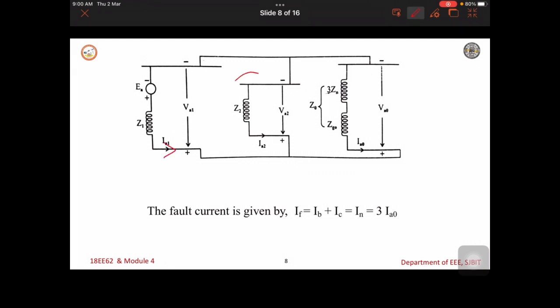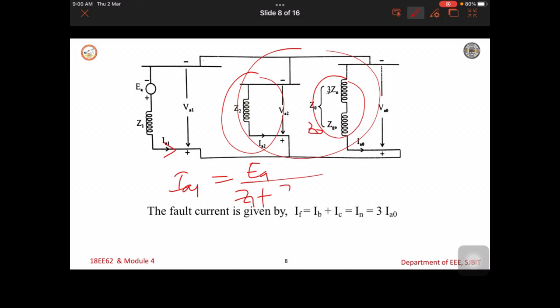These two impedances are connected in parallel, this is Z0. So IA1 is equal to EA divided by Z1 plus the parallel combination of these two, that is Z0 Z2 divided by Z0 plus Z2. Whatever equation was derived, the same we got here.